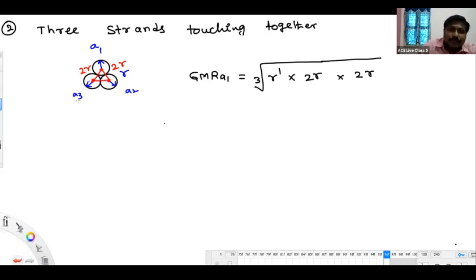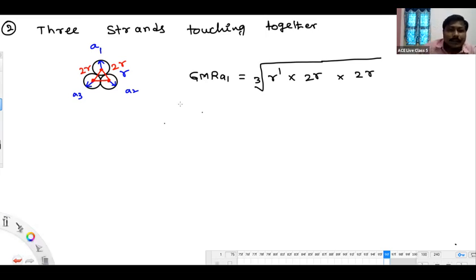And GMR of A3: r dash, A3 to A1 2r, A3 to A2 2r. You will get the same values. GMR of A1, A2, A3, all three numbers will be the same. Then the GMR of the stranded conductor is nothing but the GMR of any one of the strands, a similar statement to what we did for bundle conductors.